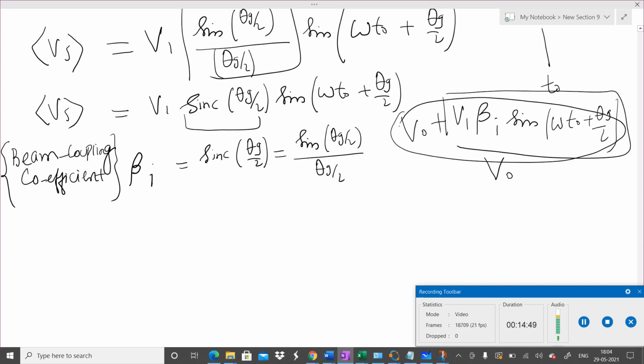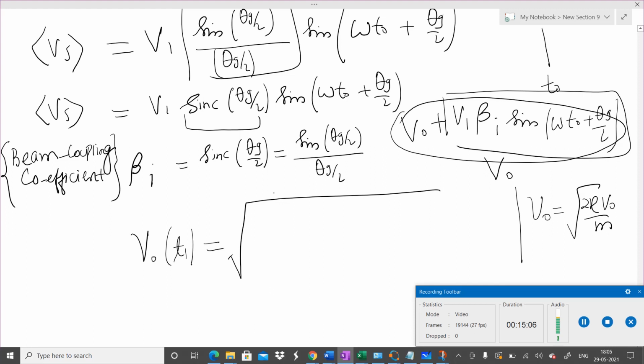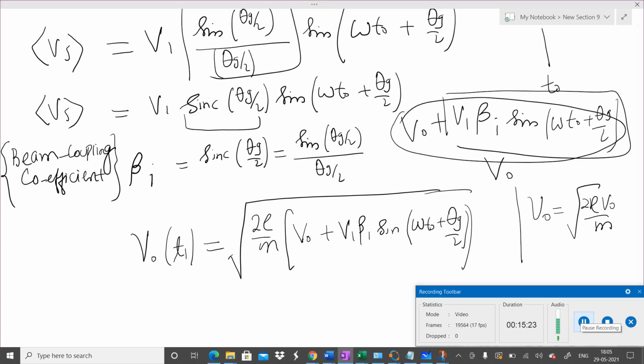Now again, applying the conservation of energy principle, we earlier noted that the initial uniform velocity was square root of 2e v naught by m. Now when it exits, that is at time t1, the approximate velocity, again these are approximations, will be square root of 2e by m times the potential of the electron immediately after exiting the bunch grid, that is this whole thing, the net potential which it exhibits.